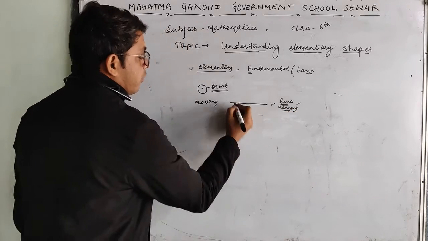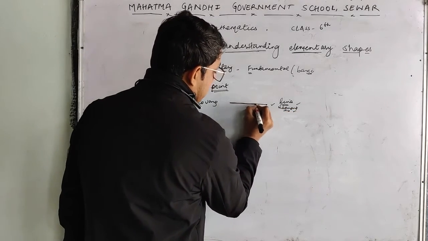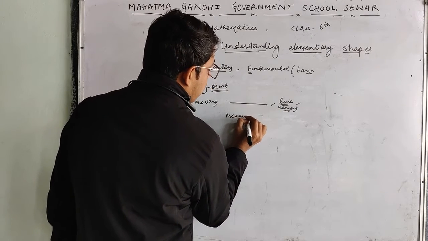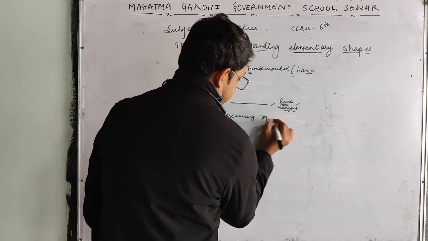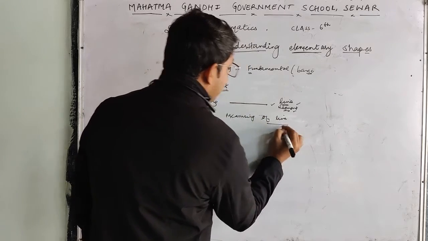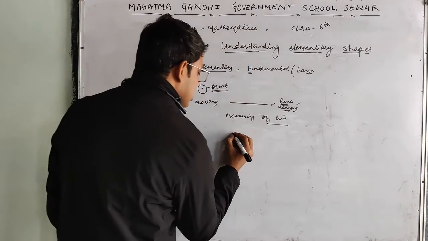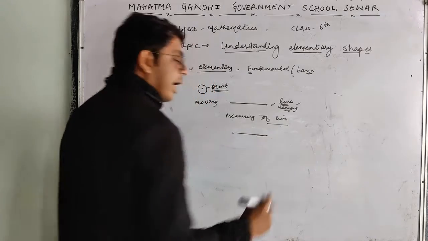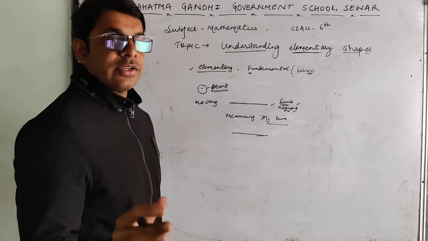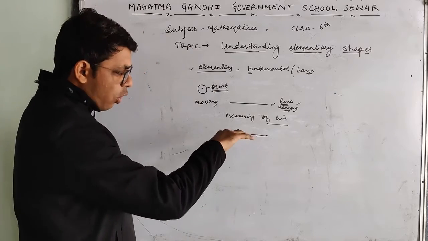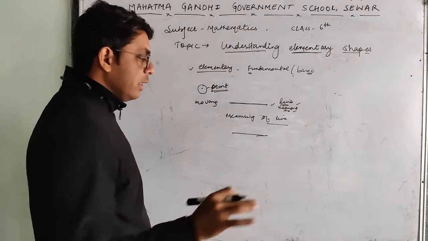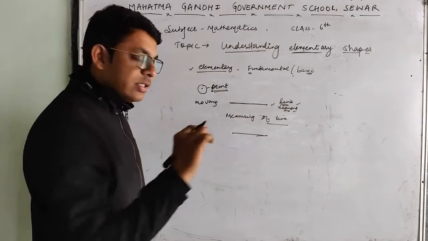If we want to measure this segment, measuring of a line, how can we measure such a line? Either through observation. Observation means if we observe something and we are able to differentiate between these lengths, these sizes.